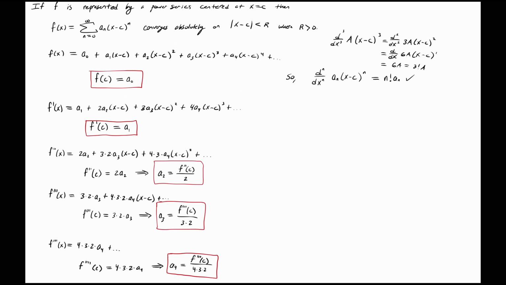This was just a concrete example to verify that I wasn't off by anything. It's always a good thing to do to make sure you're not forgetting or overlooking something. So the nth derivative of this expression is n factorial a sub n. So let's say, since this is the case, then f to the n, the nth derivative, is n factorial a sub n.